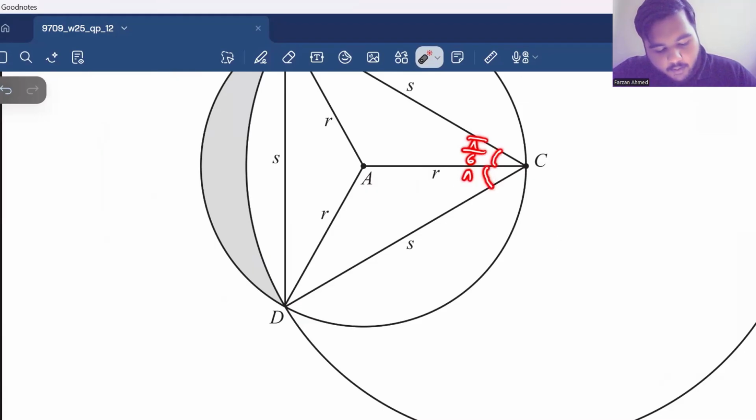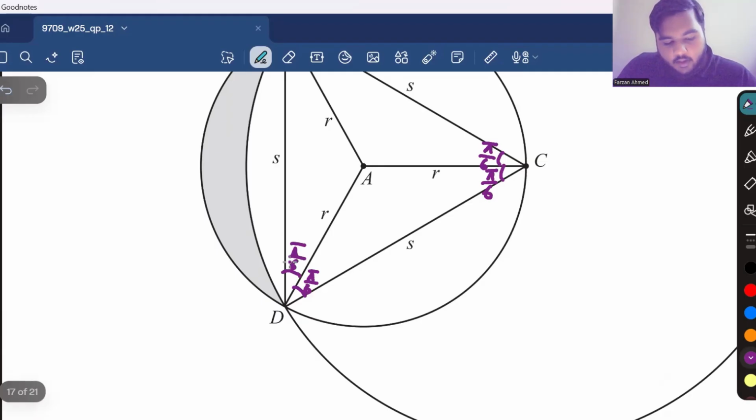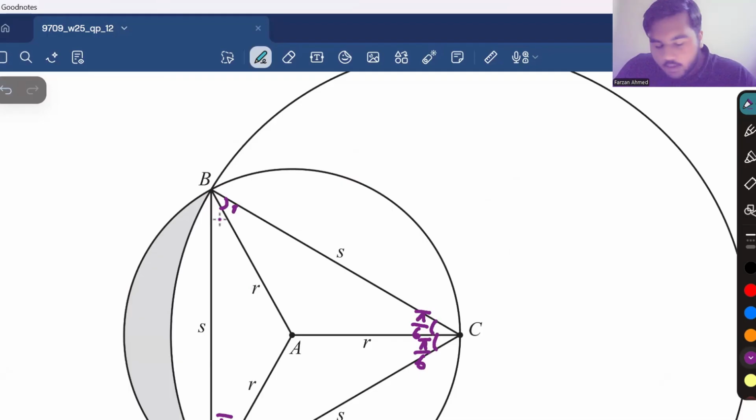This will be pi upon 6, this will also be pi upon 6, and this will also be pi upon 6.